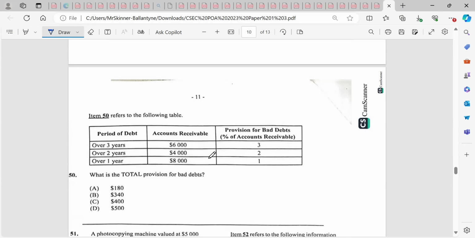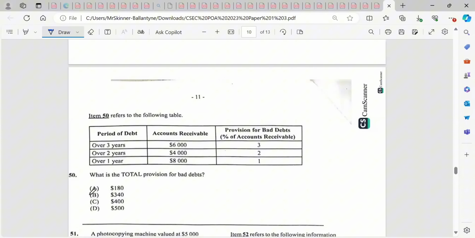Right? 3% of 6,000 would be 180. 2% of 4,000 would be 80. 1% of 8,000 would be 80. That adds up to 340, if my maths is correct.